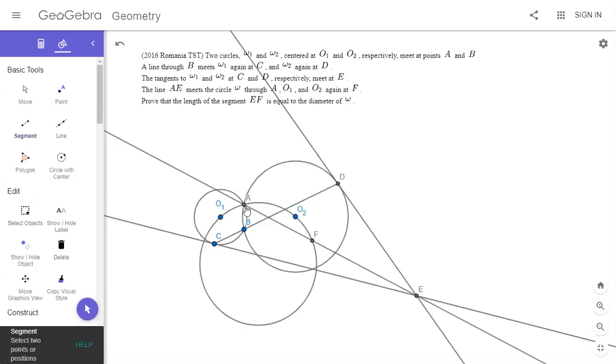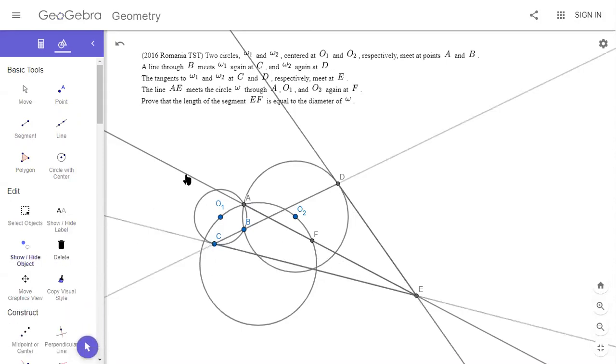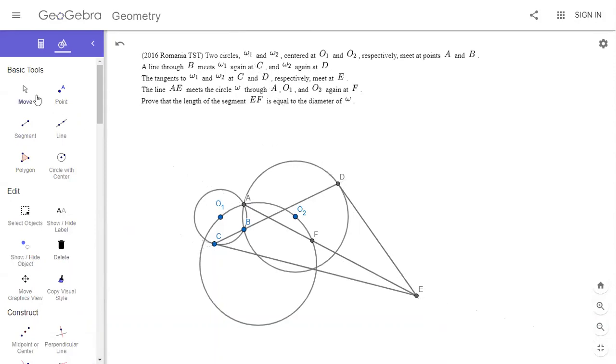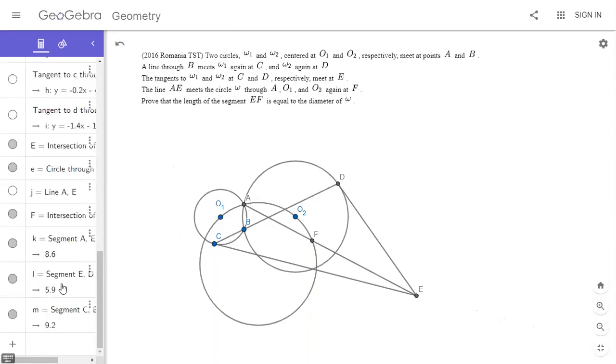All right, so that's interesting. I'm going to clean up some of the figure. Oh, that's really interesting. Okay, so we want to show EF is the diameter of this circle through A, O1, and O2. Let me check that that's actually true.